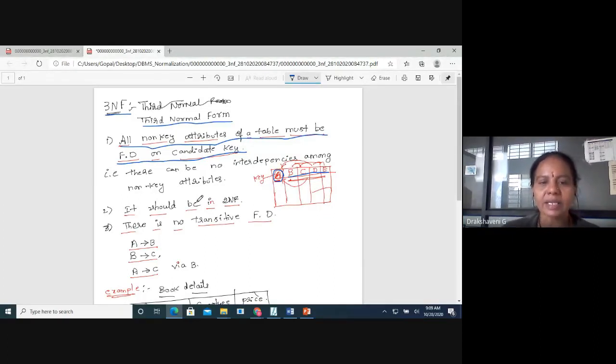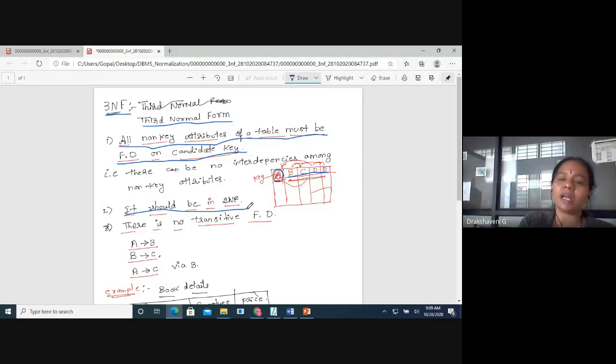And what is the second point? It should be in 2NF. This particular table should satisfy first normal form as well as second normal form. Then there is no transitive dependency.